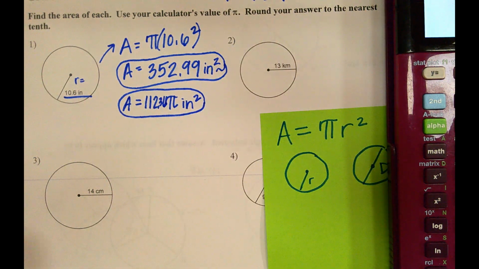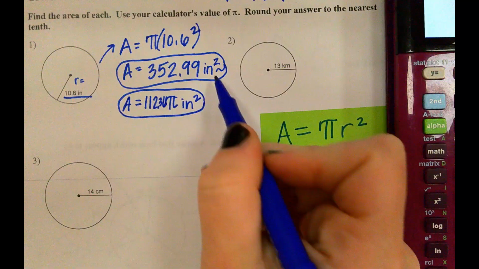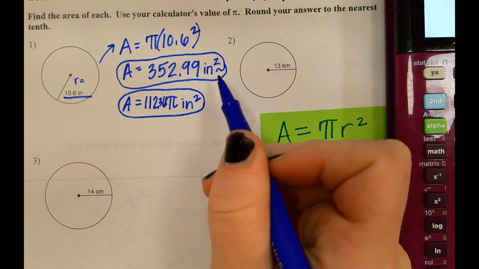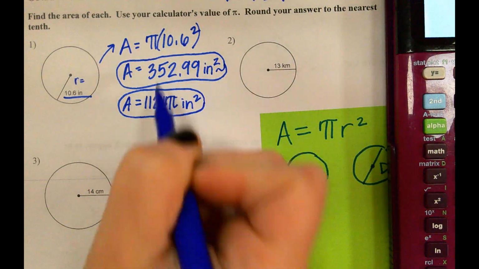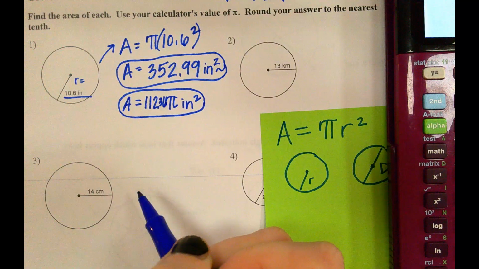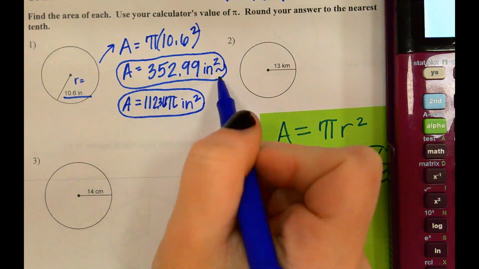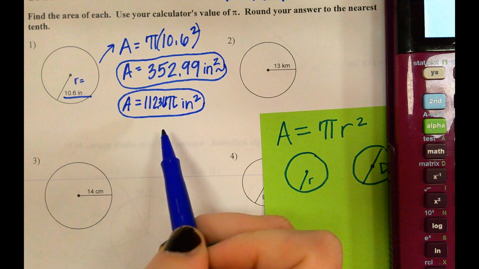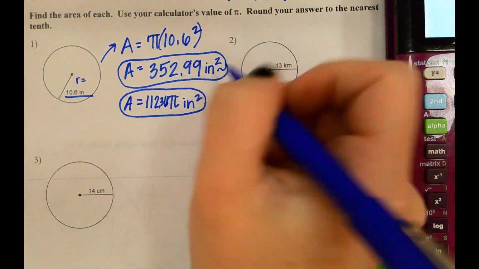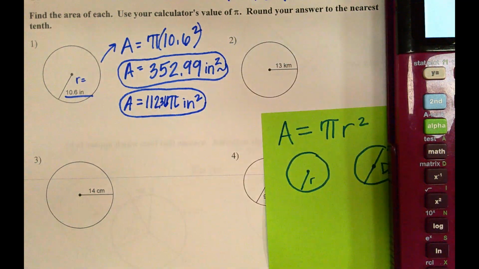Now, on a quiz, you may be wondering, which one of these do I want? I am perfectly fine with either one. I will take either one every single time. If you give me an approximate one where you do include pi in your calculations, I would really like to see that tilde at the end.